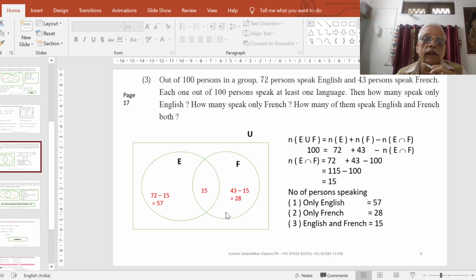That means 28 people speak only French, and English and French is 15. If we check, 57 plus 15 is 72, so 72 people speak English, that is correct, and French is 15 plus 28, that is 43. 43 people speak French.